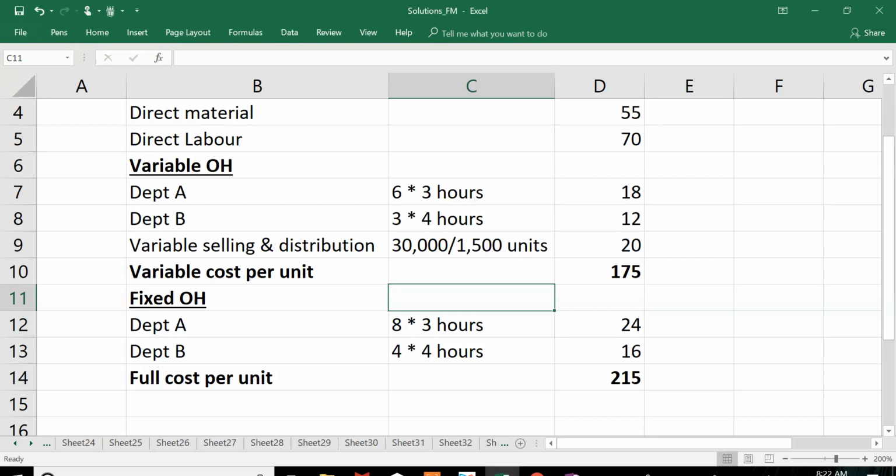If this is done, I'll take you through part 1 of the question. Minimum price for a newly introduced product is 175. Well established is 215. Can we proceed? Any doubts on 175 and 215?